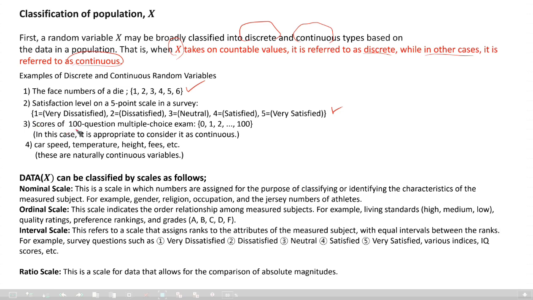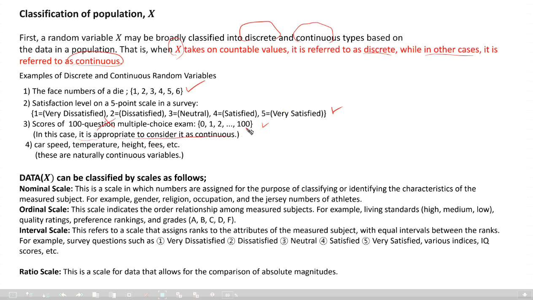Scores of a 100-question multiple choice exam. Then x takes values 0, 1, up to 100. So this is like discrete, but in many cases we consider it as continuous. It is appropriate to consider it as continuous.